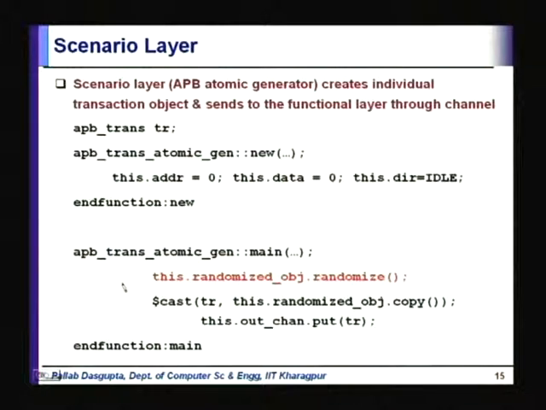Now inside the main method, we are calling randomize on this object, okay. Now what does this do? This actually randomizes each of these fields, okay. It randomizes the address, randomizes the data, and randomizes the type of transaction, read, write or idle.